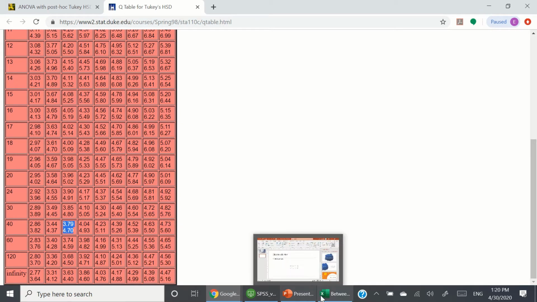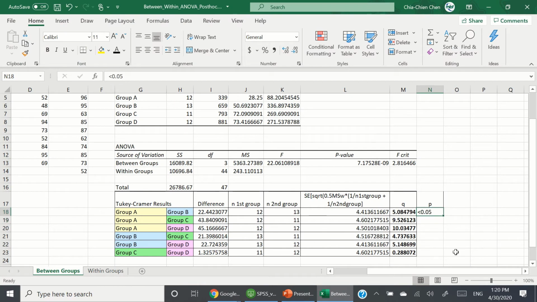It is, right? So you can determine that this is actually less than 0.01. Okay, now let's go back. Anything that's greater than 5.08, you can basically copy this over and say that this is going to be less than 0.01.